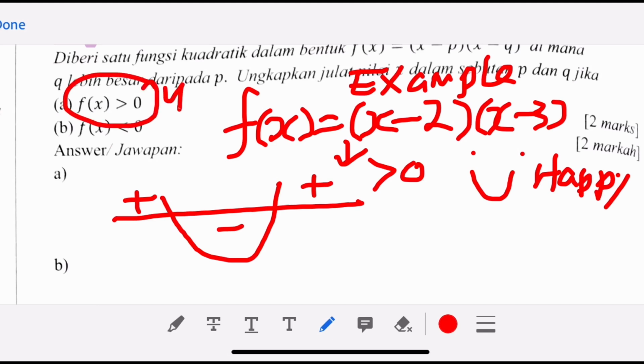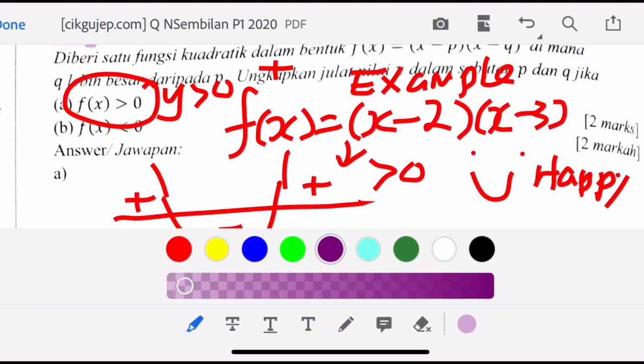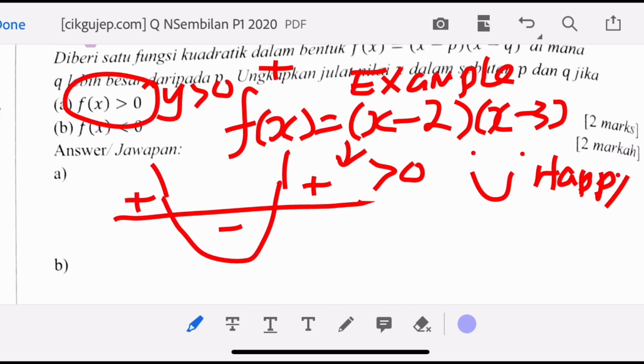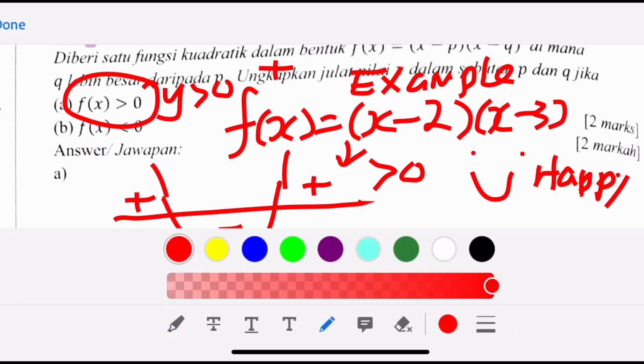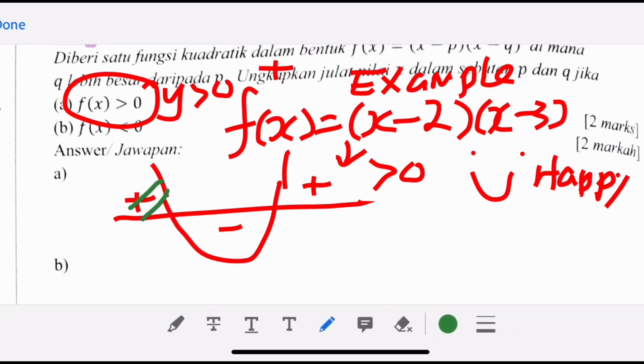But the question says p and q, so you don't use numbers. The numbers are just for me to explain so that you understand. So you must label p to the left and q to the right, because q is the bigger number. And when the function is more than 0, it refers to all the y values above the x-axis.